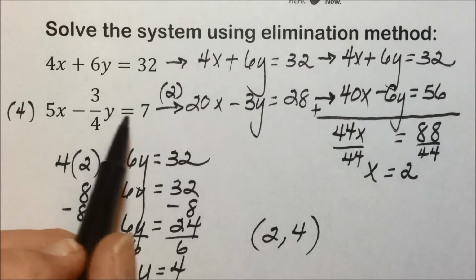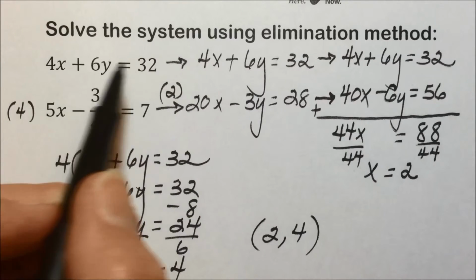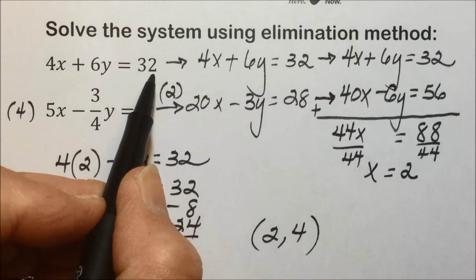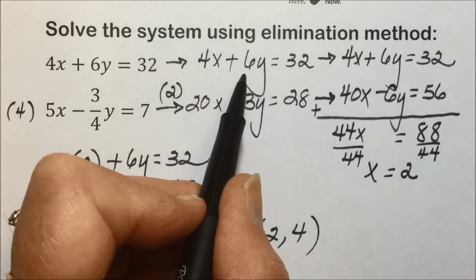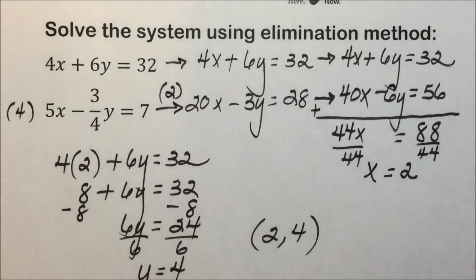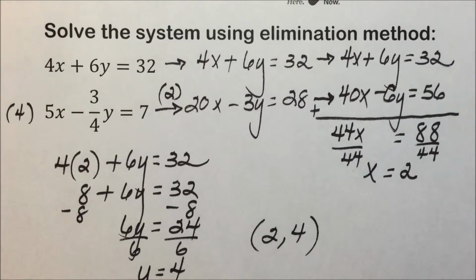While I was multiplying everything by 4 to get rid of the fraction, I could have divided every term in this first equation by 2, which would have left a 2x, a 3y, and a 16, which would have been ready to do the elimination method of adding those two equations together. Most of us think multiplication, but as long as we're maintaining equality, sometimes dividing to factor out and reduce the equation is a faster method and certainly an option.